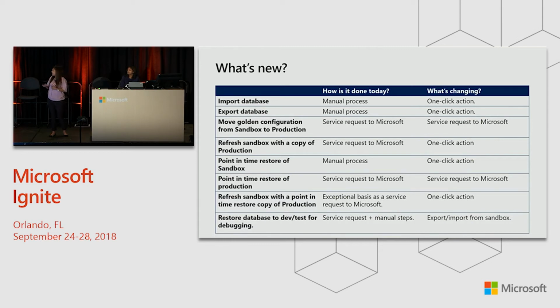One I do want to call out, which I know is a favorite among people, is trying to get a copy of the production to the dev test for debugging. That in our initial set of operations that we are automating will not be a one-click action. You'll still be able to use the automated flows in LCS to complete that operation. But once we're done with the first phase, that will be something that we'll take on to make it simpler so that you can quickly complete it as a one-click action.